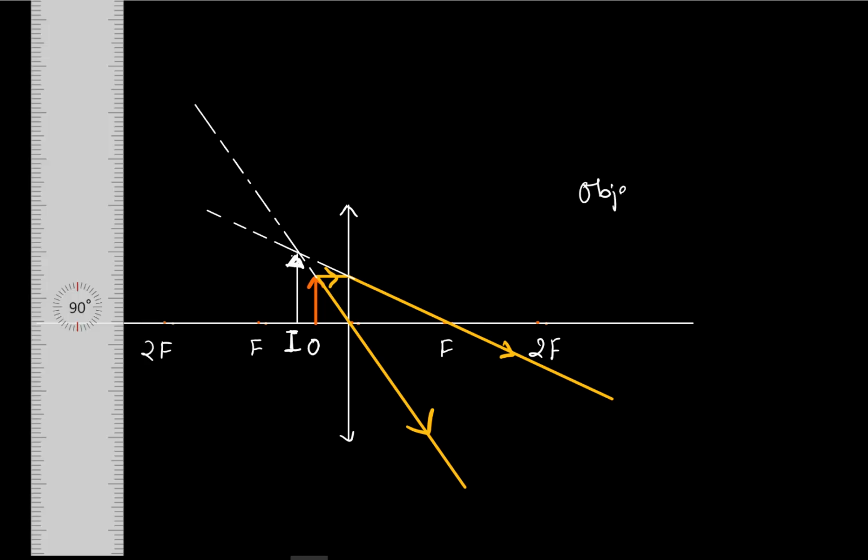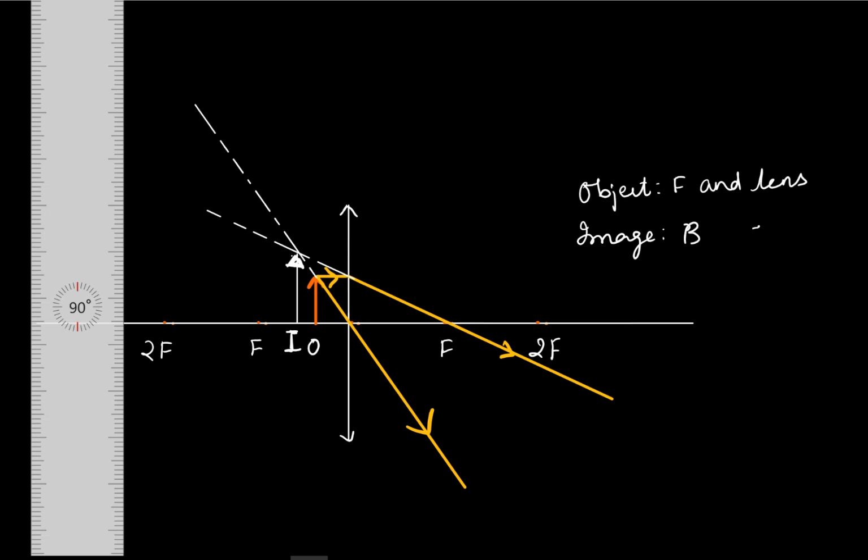So our object, where is our object? It is between F and the lens. And where is my image? The image is beyond, or you can say it is behind the object, because it can be anywhere, right?